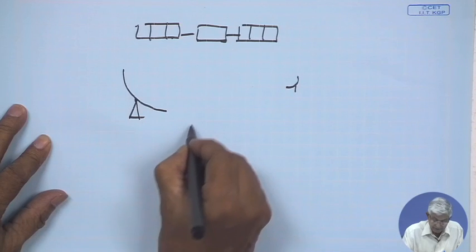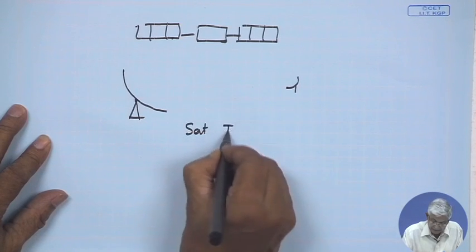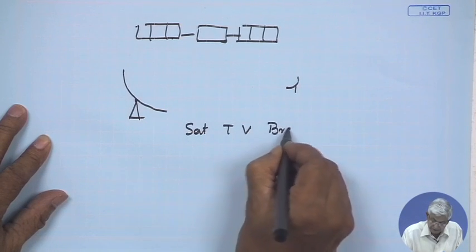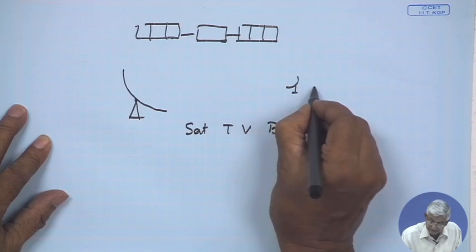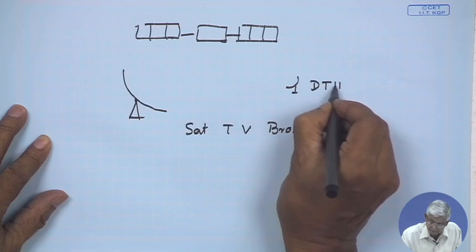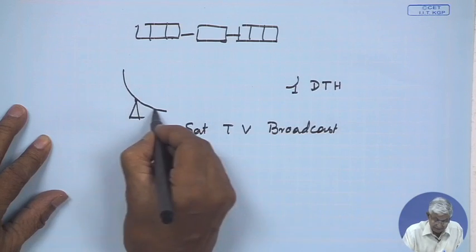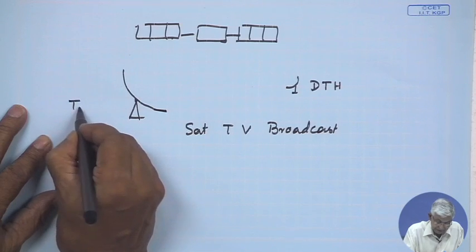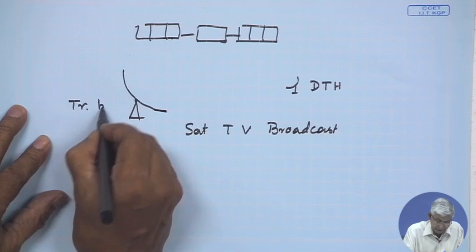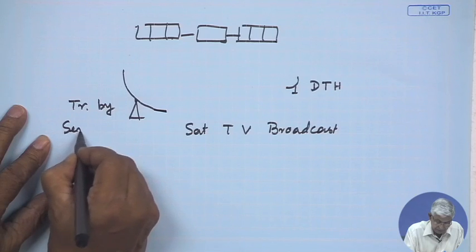One of the examples is satellite TV broadcast, and this is your direct to home receiver, and this is the transmitter by service provider.